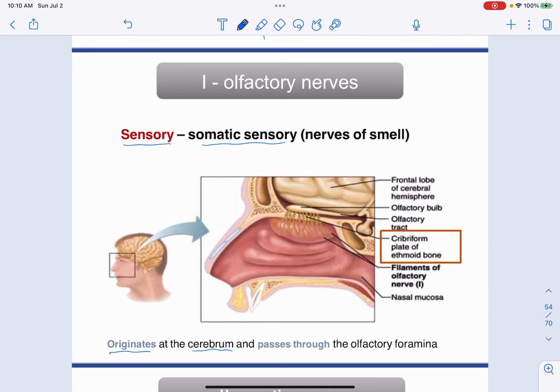If you remember that inferior view, it's the very first superior nerve. Again, all the information we've learned from bones is going to come back together. That nerve is going to leave the cerebrum, and it is going to pass through the olfactory foramina of the cribriform plate of the ethmoid bone. That is the first cranial nerve.